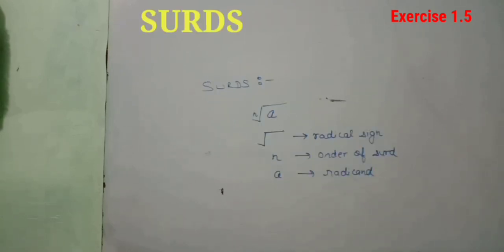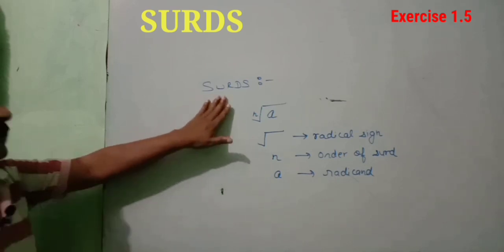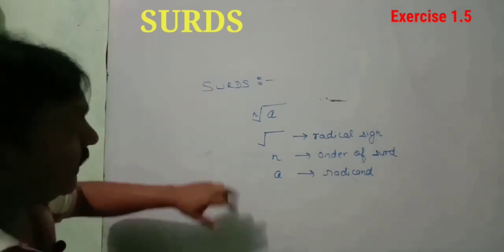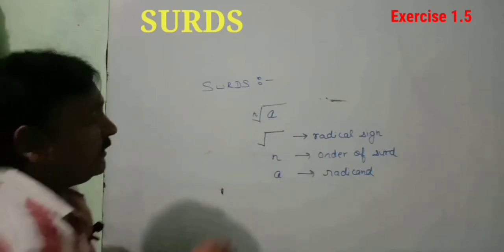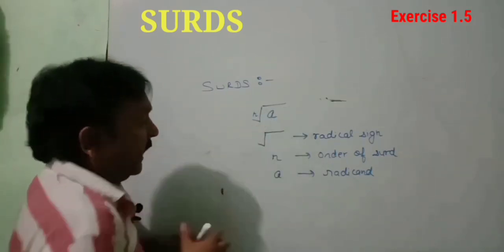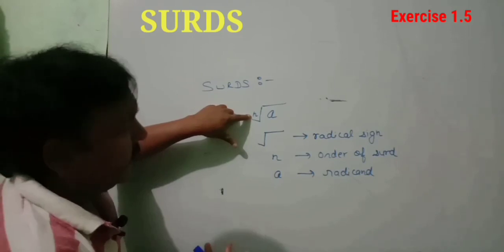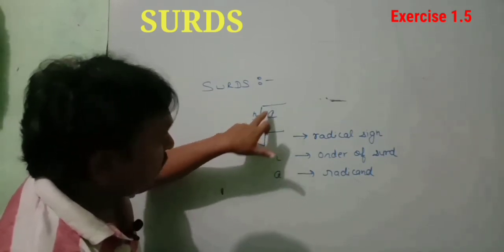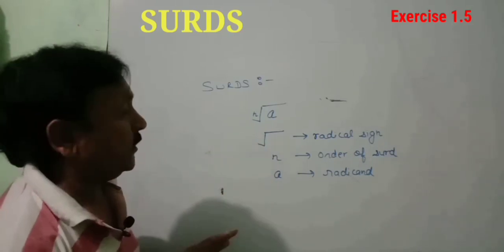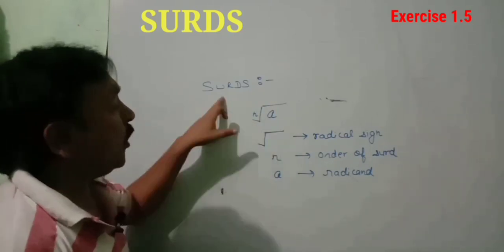Students, now see a very important thing which is called surd. So what is a surd? Any number which is written in this form, having some root, and this is the power, meaning it can be a square root, cube root, any, and some rational number is inside that root. This form of a number is called a surd.